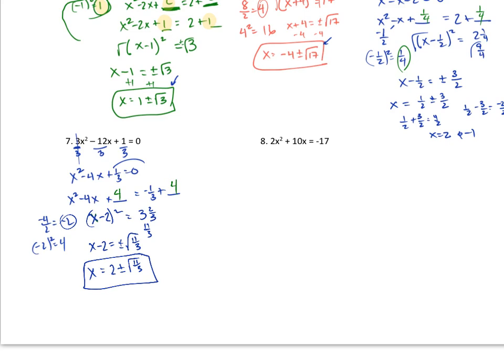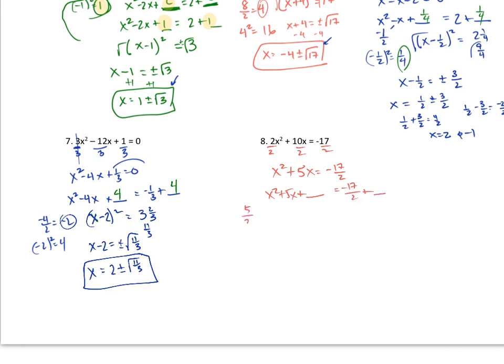All right, moving on to the last question. And on the last question here, we've got the same situation. We need to divide everything by 2. So that'll give me x squared plus 5x equals negative 17 halves. So x squared plus 5x plus the blank equals negative 17 halves plus blank.